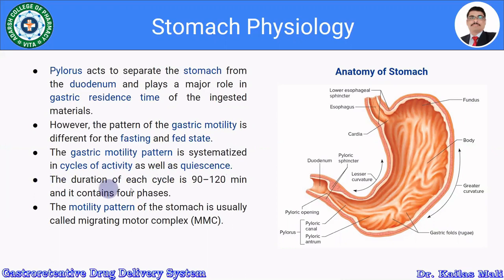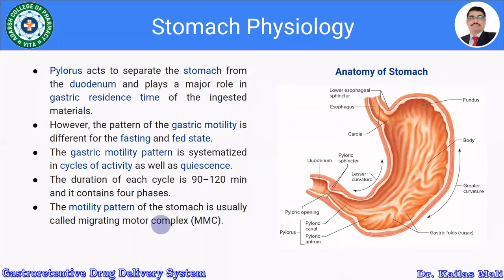The duration of each cycle is 90 to 120 minutes and it contains 4 phases. The motility pattern of the stomach is usually called the migrating motor complex. So this is about the stomach physiology.